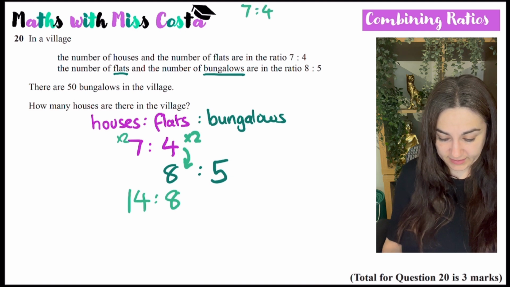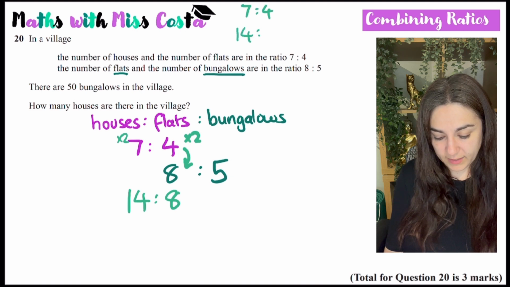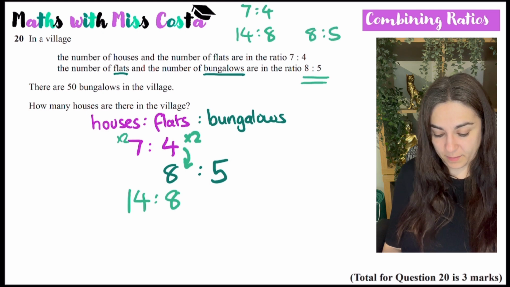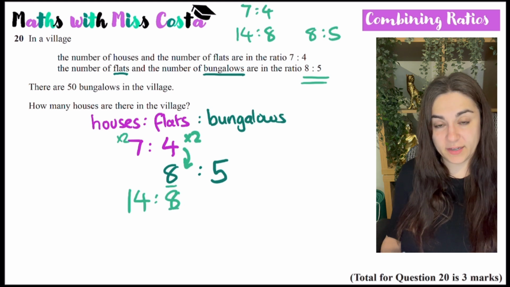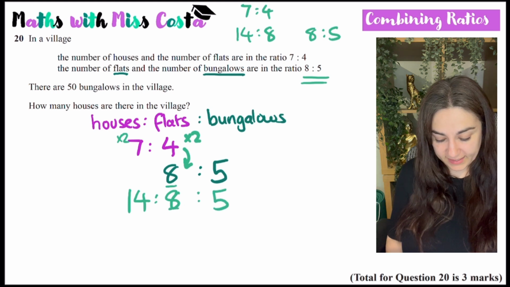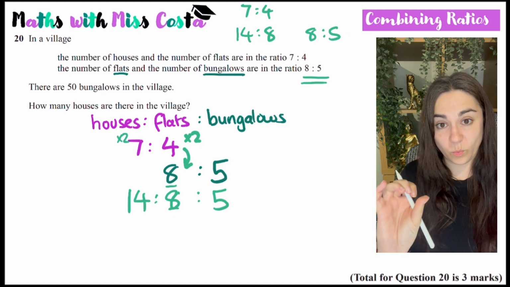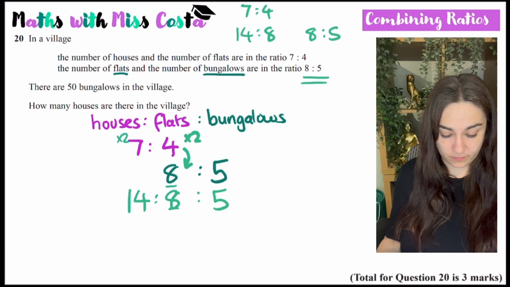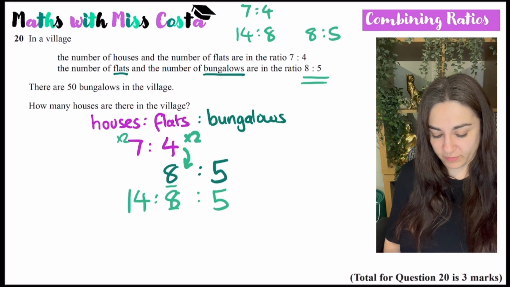So 7:4 is equivalent to 14:8. And I know that over here, I'm comparing the ratio 8:5. So because this and this are now the same number, I can compare all 3 together in 1-part ratio. So there we go. I've got a 3-part ratio.